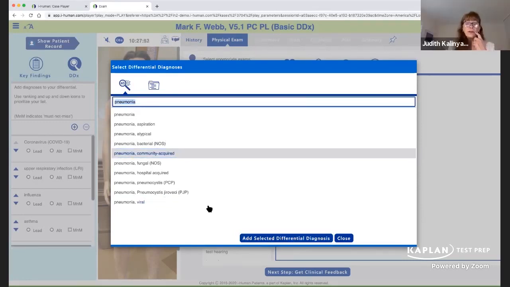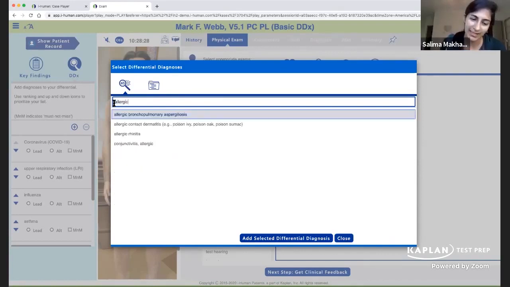That would be more in your viral, or we could put it as an atypical if you wanted. This is very atypical, so probably not an aspiration. Fungal, too short a time period. He's not hospitalized. PCP, PJP. We really didn't get enough of a history on his sexual practices. We didn't get enough of a history on his IV drug use or anything to know whether he has any immunocompromise. We'll assume not.